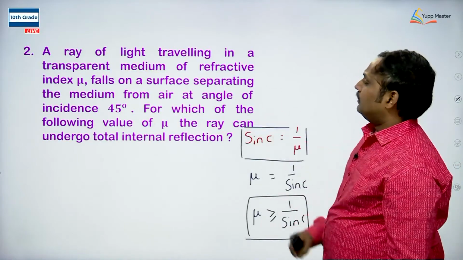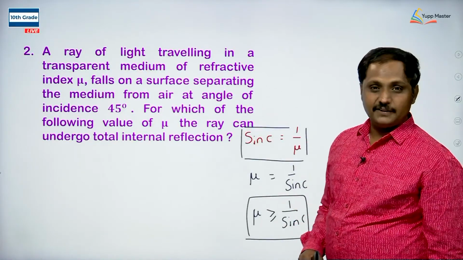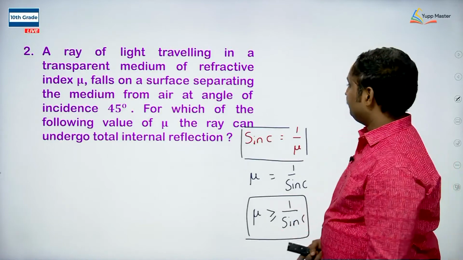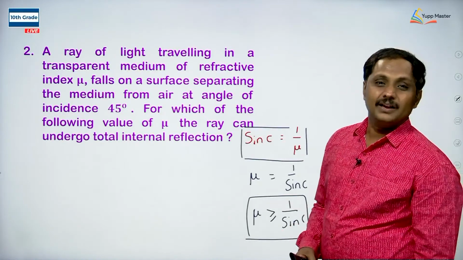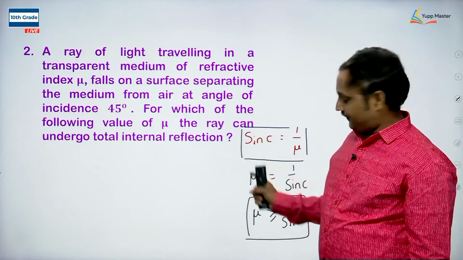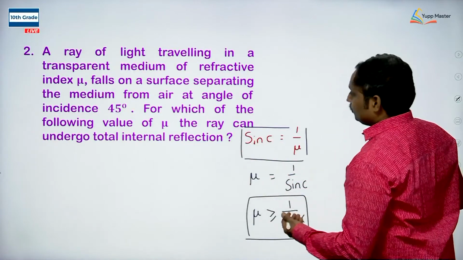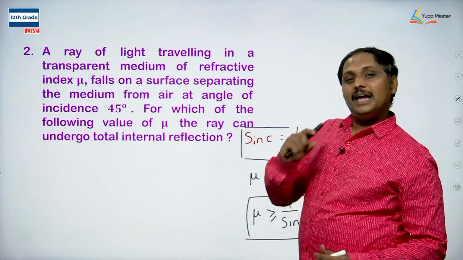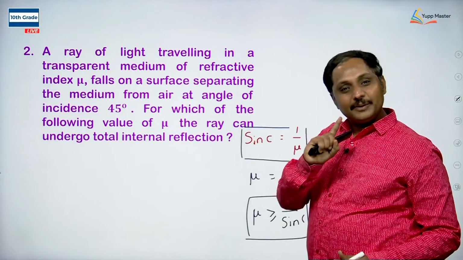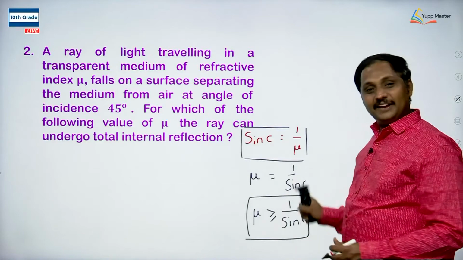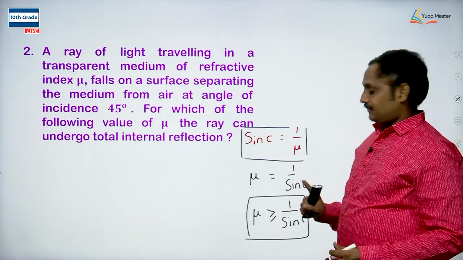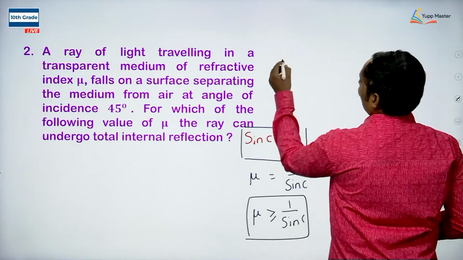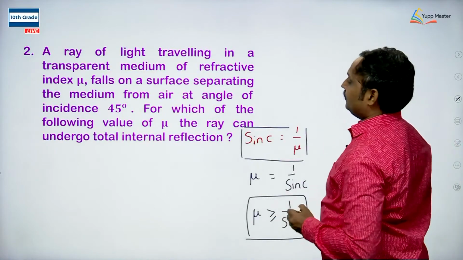Let us assume this 45 degrees is the angle of incidence. It might be equal to the critical angle. If so, you will get the answer with the relation that mu must be greater than 1 by sin C. That is very clear. Now, let us see that.